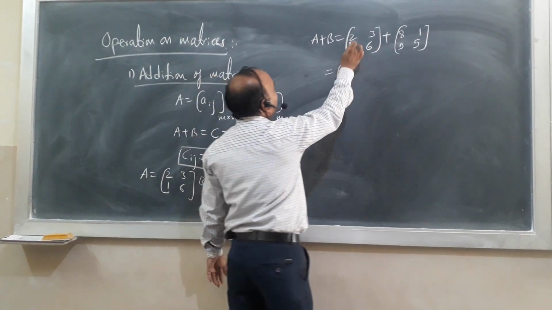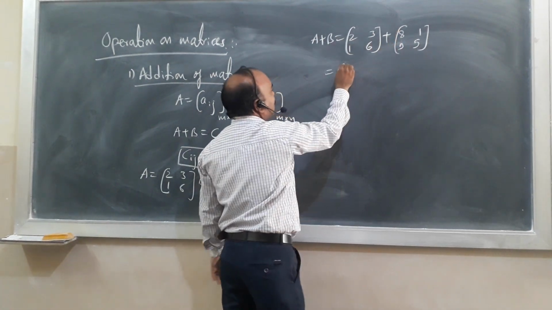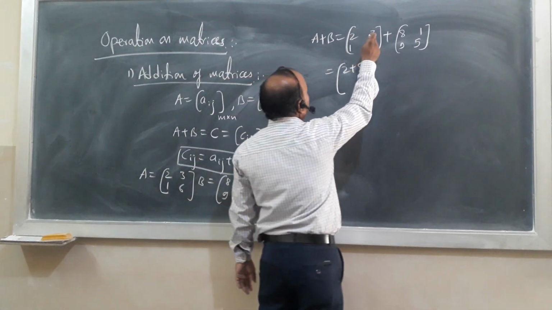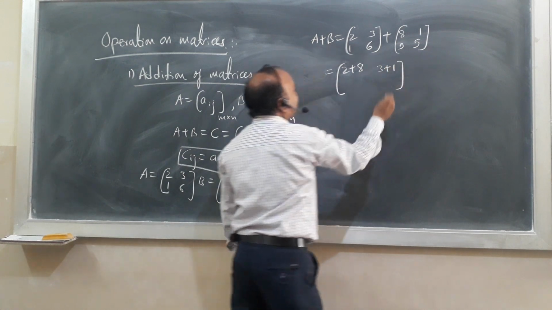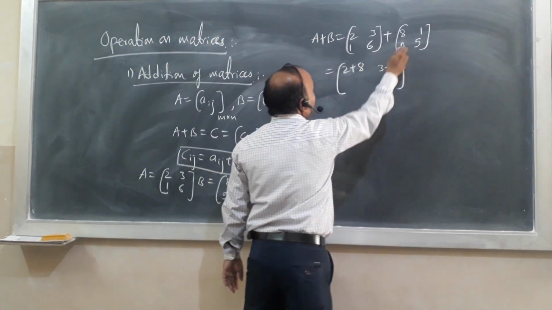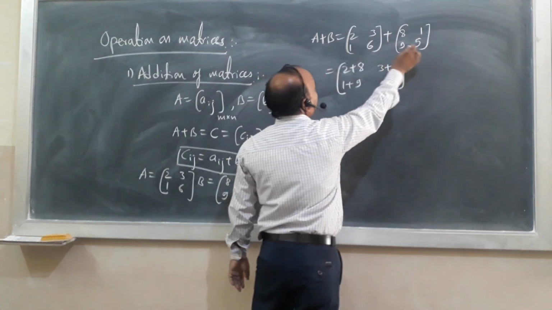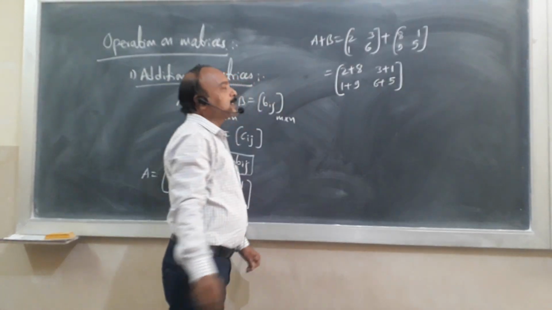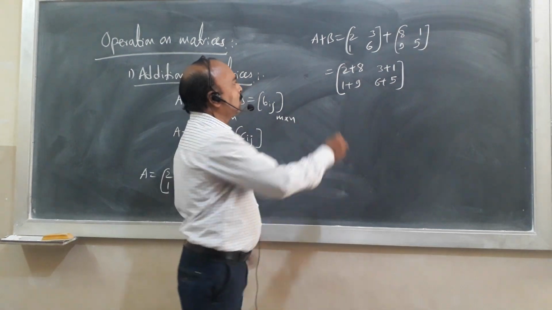First we take 2 with element 8, because it is A11 with A11. That is 2 plus 8. Similarly, A12 with A12, that is 3 plus 1. Similarly, 1 with 9, 1 plus 9. Next, A22 element is 6 plus 5. This is called addition of corresponding elements of two matrices.